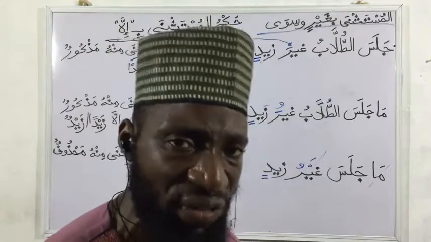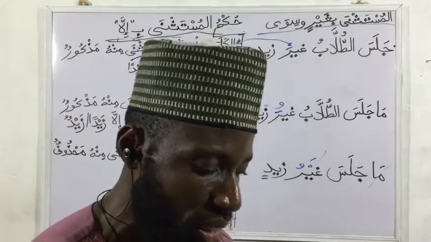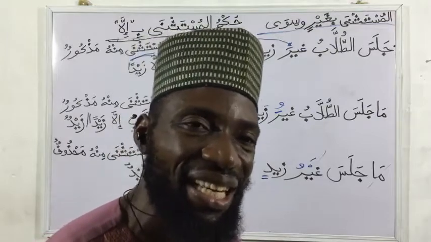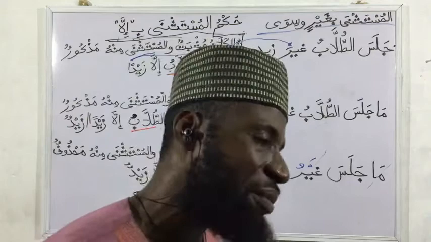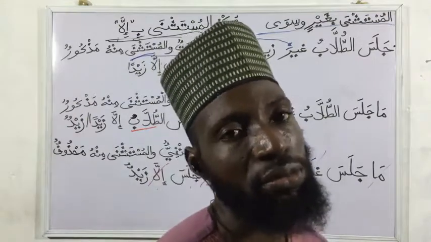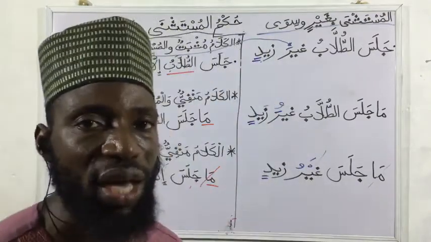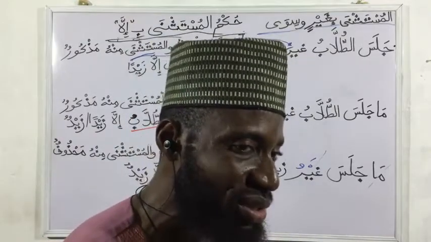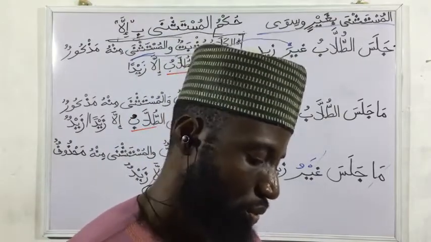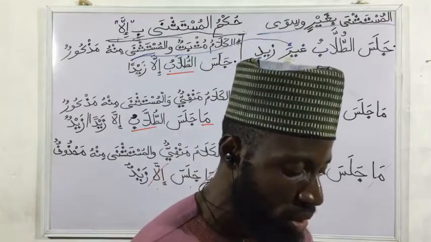We could not find it. That is the fa'il. If the fa'il is not there, that means what the verb is supposed to take will be taken by your mustasna minhu. Do you get now? Since you are using ghayru now, the ghayru is going to take the raw form. So la yanalu limujidi ghayrul alimin.